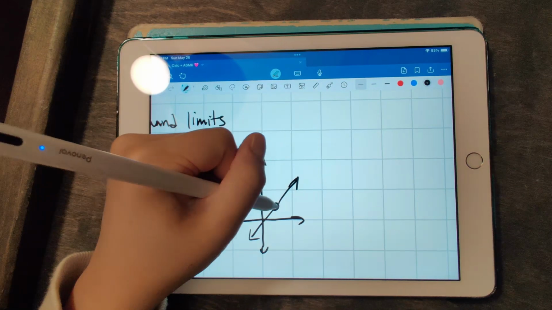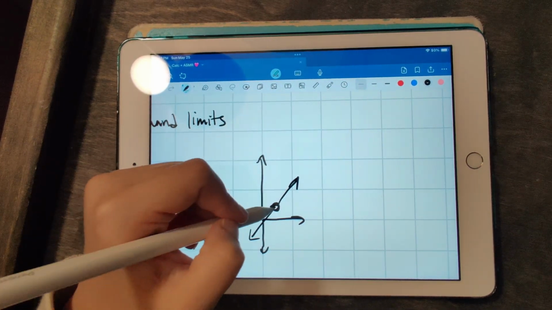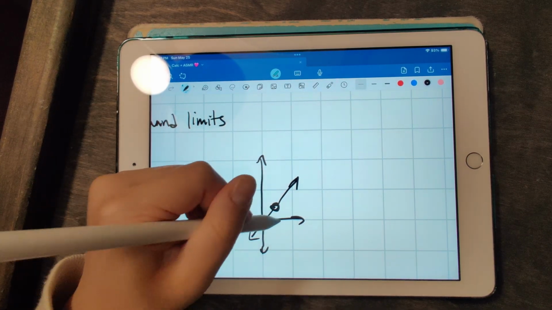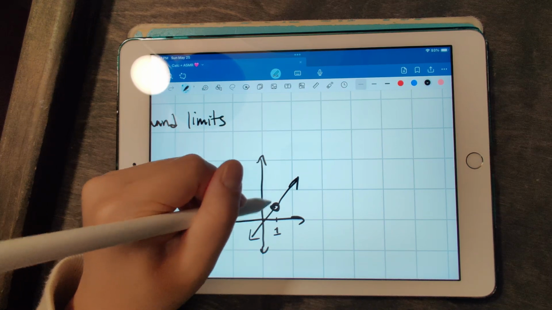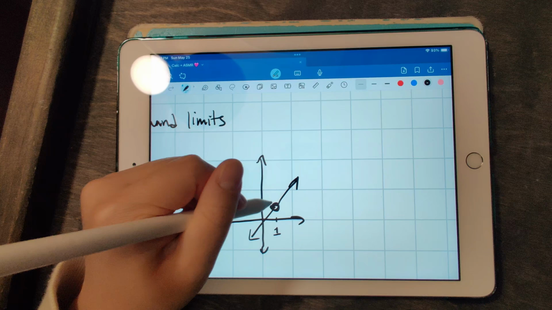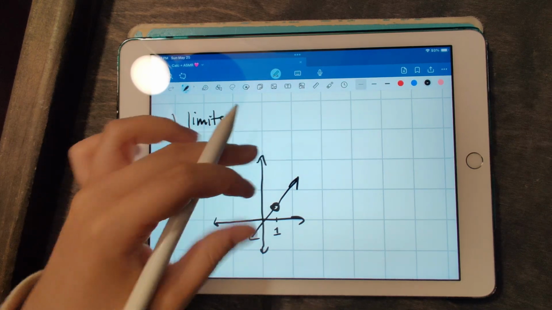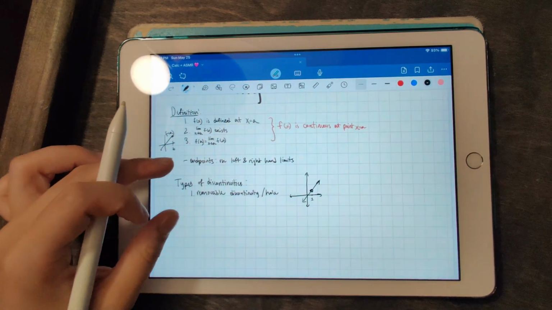This hole right here is a removable discontinuity because essentially it's like you just removed a point from the graph. Let's say at x equals 1, you just removed f of x from the graph. It's defined at every other point. It's literally like a hole. So very intuitive. That's what a removable discontinuity is.